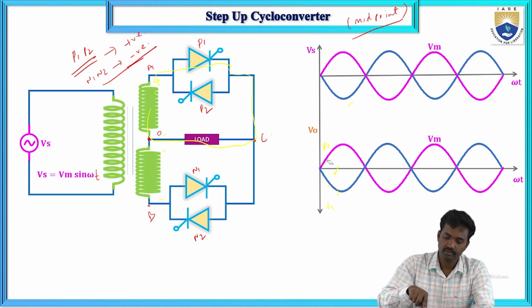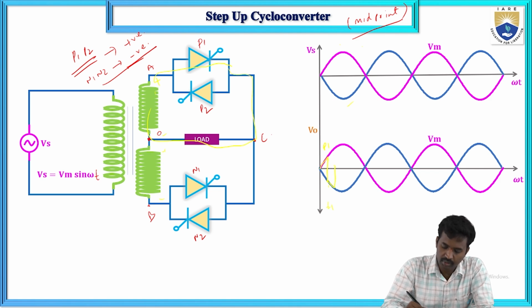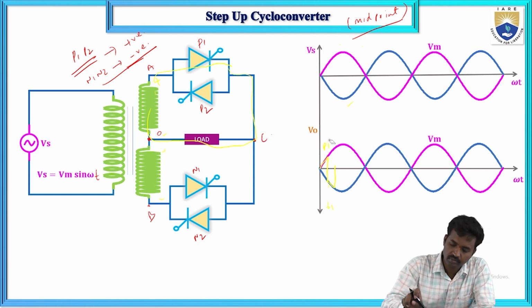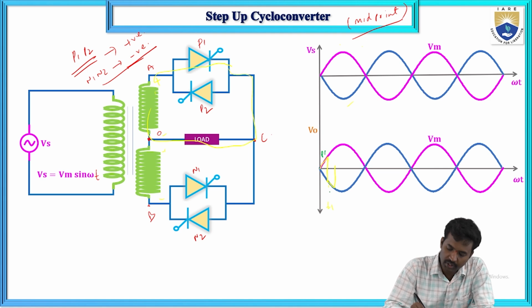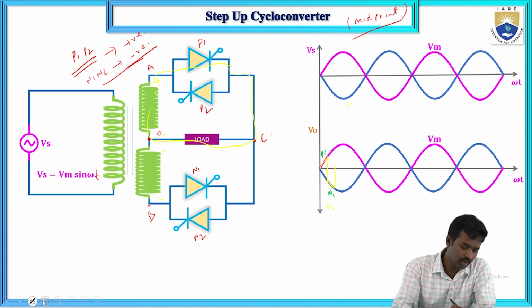Let me write. This is the P1, and next here is the N2. Let me change the color over here. Now this is P1 and this one is the N1.